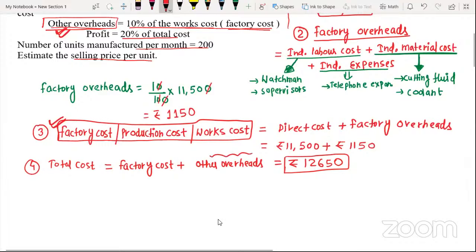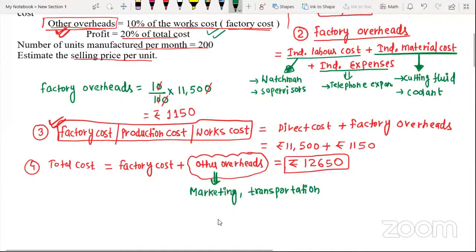So what are these other overheads? These are the costs which are outside the boundary of the factory. These are not the factory overhead, these are the other overheads. So it can be marketing, it can be transportation cost. And they are saying that in this question, the other overheads is basically the 10% of the factory cost.